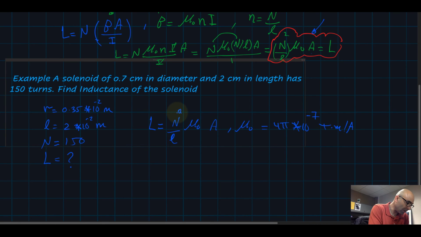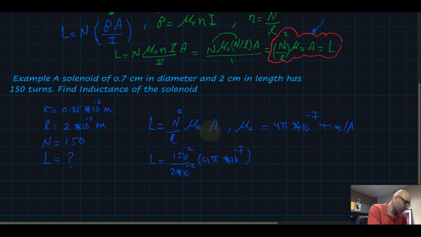We just have to apply the equation for L. L is equal to 150 squared, divided by the length, which is 2 times 10 to minus 2, times mu 0, which is 4 pi times 10 to minus 7. And the area of each loop in the solenoid is equal to pi r squared, so pi times 0.35 times 10 to minus 2. Don't forget to square that.